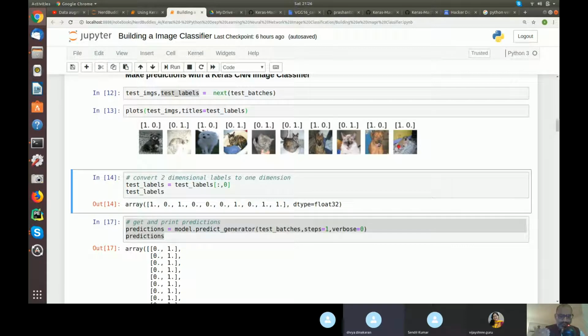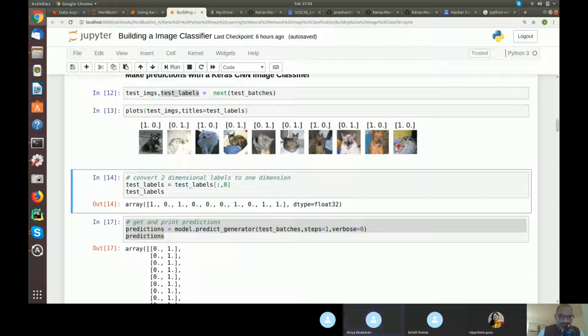So all we are doing is we are figuring out the labels, and the way it figures out labels is it gives a one hot encoded vector of zeros and ones. In this case, we have two categories. So the vector has two values, where one of them is 1 and the other is 0.